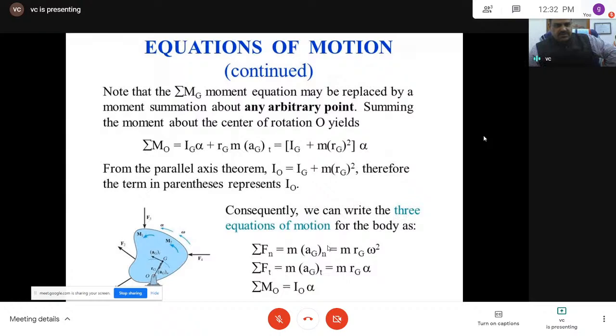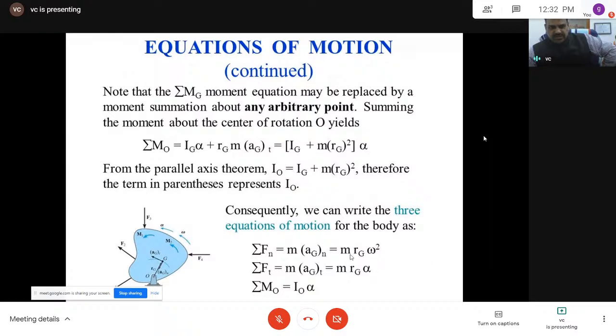Consequently, we can write three equations of motion: normal, that is the resultant of this force system, tangential, and moment. Moment is equal to I alpha. So this is how we can determine m r_G.